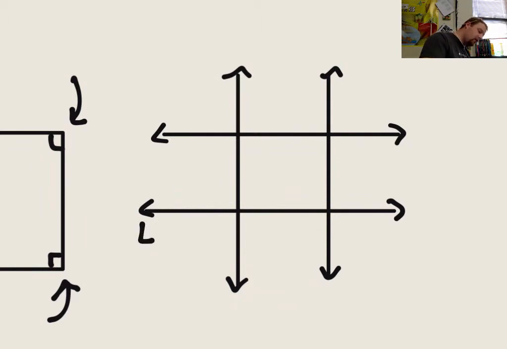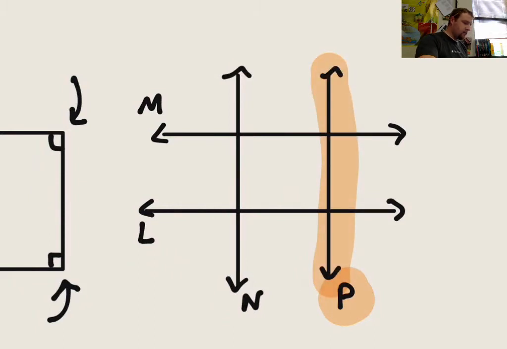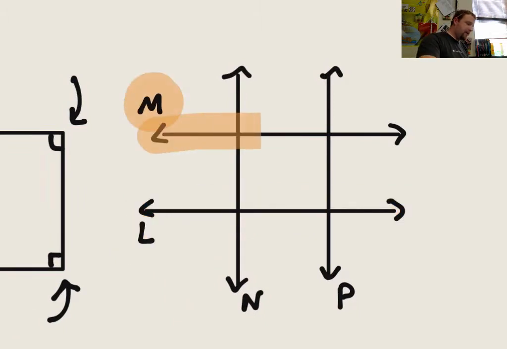This is L, this is M, this is N, and this is P. All right. We have lines M, L, N, and P. N is this line. P is this line. L is this line. And M is this line.